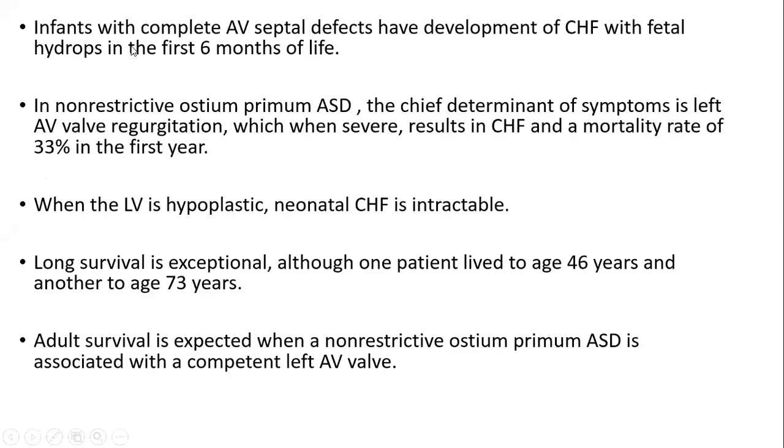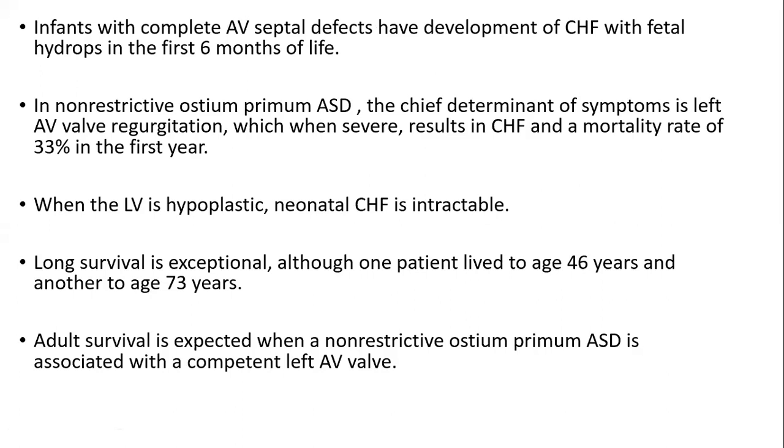Do you know the rule of 40 in Down syndrome? 40% of patients of Down syndrome have congenital heart disease. Out of those, 40% have AVSD, and overall 40% of patients of AVSD have Down syndrome.